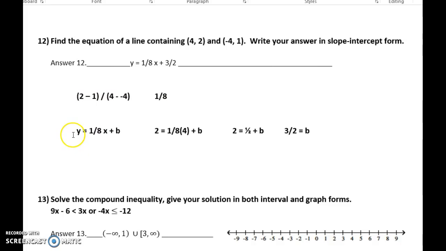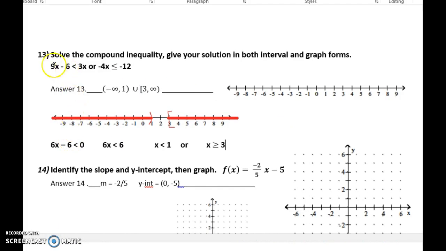So we have y equals 1/8 x plus b using slope-intercept form. So plug in either one of these points in and solve for b. And I chose the point that has all positive values. So put the y and the x in. You'll get to here, and then subtract a half from both sides, and you know what b is. And your final answer.